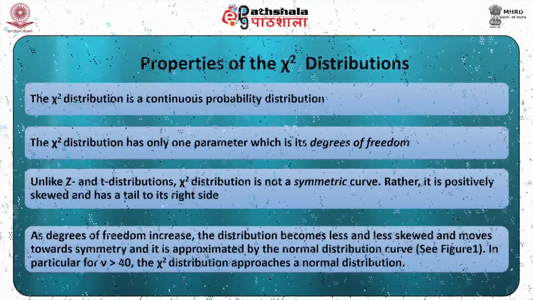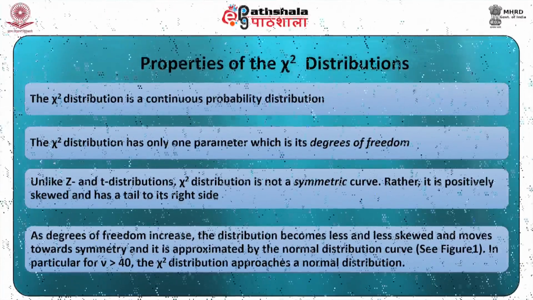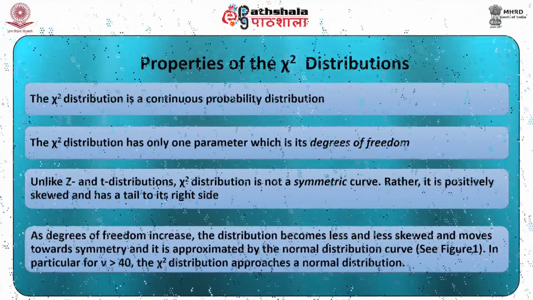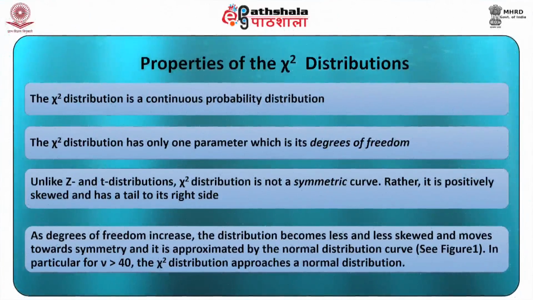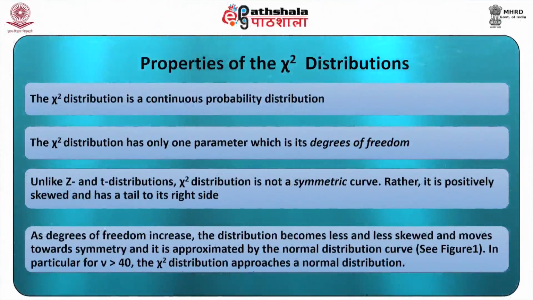The chi-square distribution is basically a continuous probability distribution. It has only one parameter, which is its degrees of freedom. Now, similar to the t-distribution, we use the chi-square nu notation to suggest that the distribution is always defined for a given value of degrees of freedom, and as the value of nu changes, the shape of the distribution would also change.